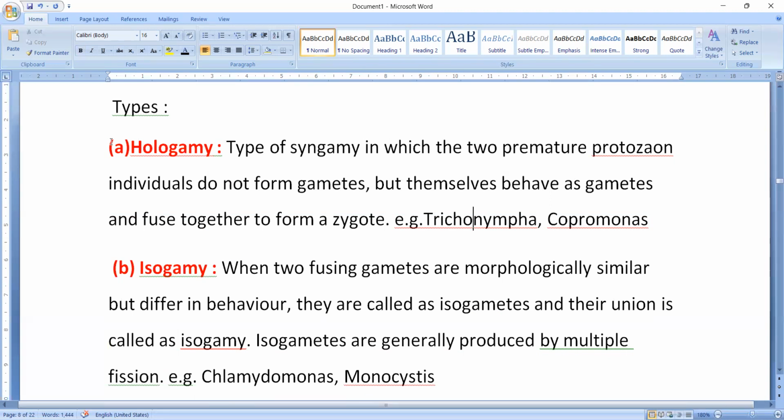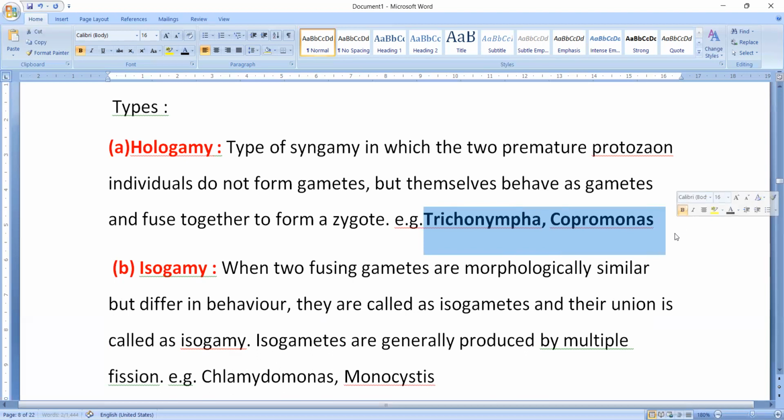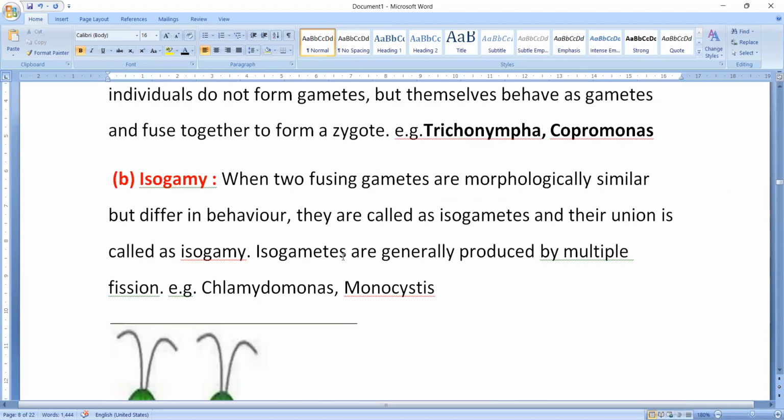Okay, and then male and female gametes are fused. But in hologamy, the gametes are not produced. Two matured protozoans are completely united. Okay, so they themselves behave as a gamete and fuse together to form a zygote. Example, trichonympha. Okay, and also copromonas. So these are the examples.